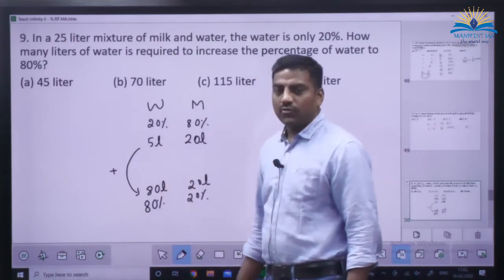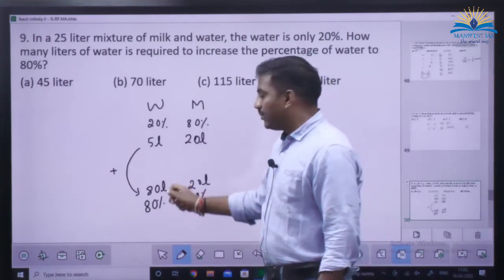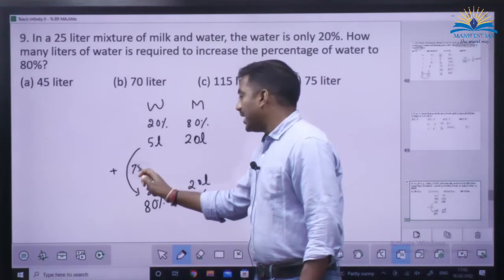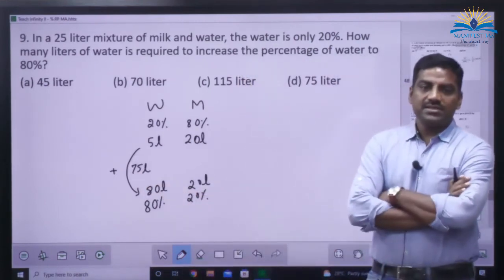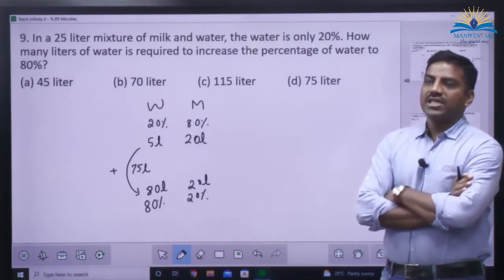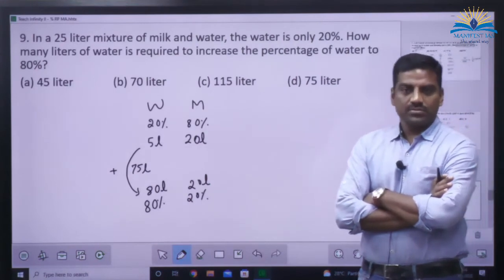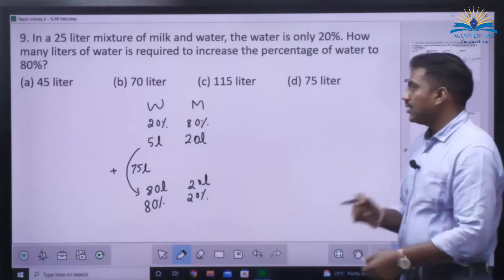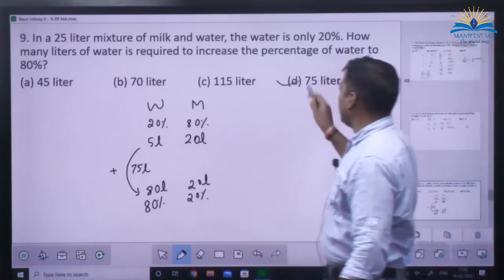Earlier, how many liters of water were there? Yes, now it is becoming 80 liters. So totally, we are adding 75 liters. Yes. Here the idea is, we are not changing the amount of milk. We are keeping the amount of milk intact. Done? Yeah. So the answer is 75 liters.